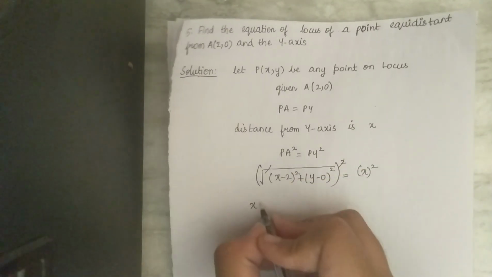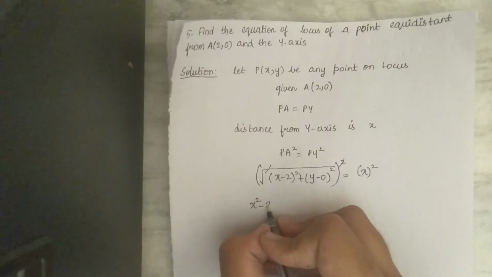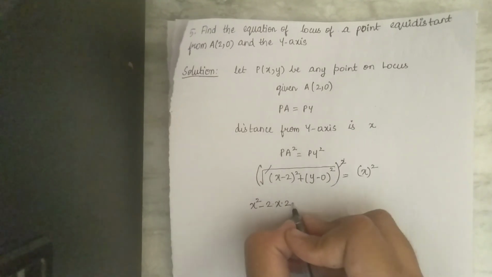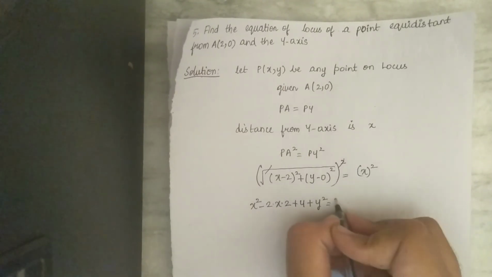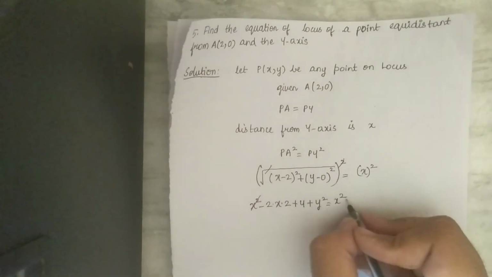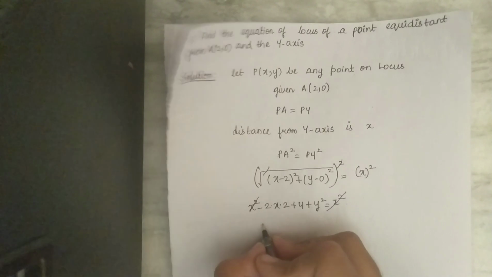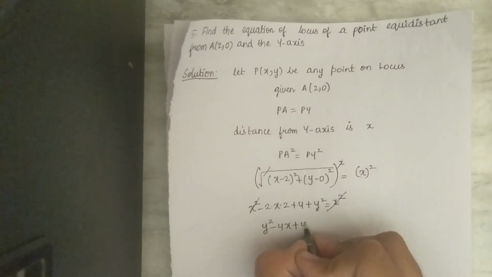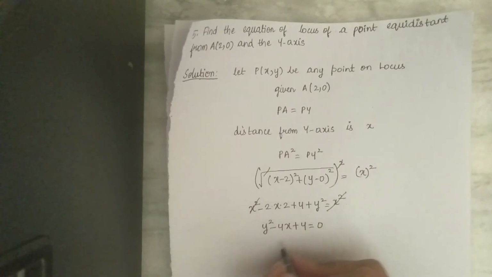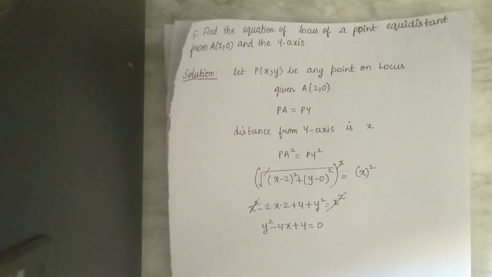We have x square minus 2 into x into 2 plus 2 square 4 plus y square is equal to x square. So x square will get cancelled. Then we will have y square minus 4x plus 4 is equal to 0. So therefore this is the required equation of locus.